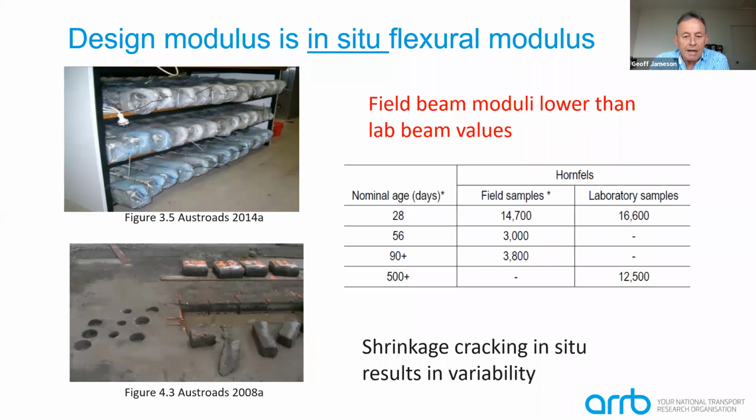Things like shrinkage cracking are affecting the in situ values that are not affecting the lab values, where we cure them very well in a controlled way in the laboratory. Shown there are some beams that we've cut from the pavement. You can see another one of our test pavements, and when we test those, some of the results are shown in that table there. The lab values are much higher and much more consistent than the field values.